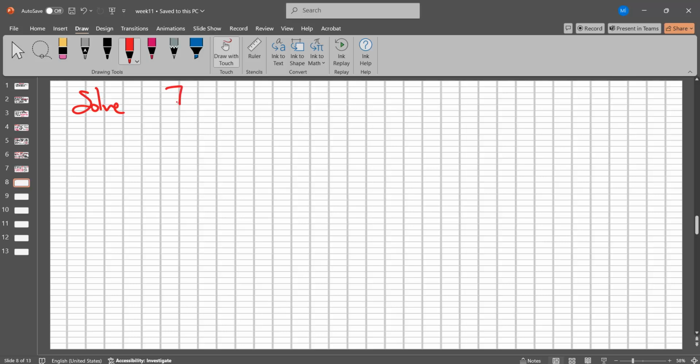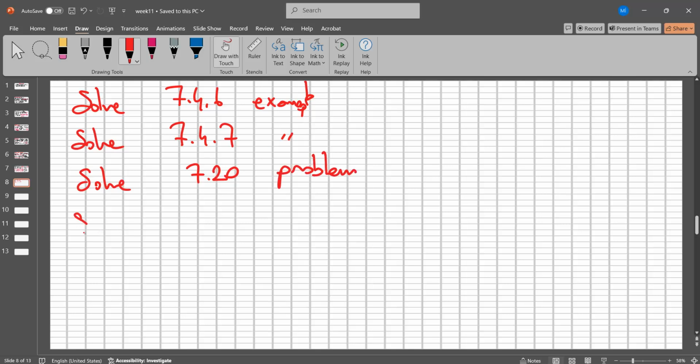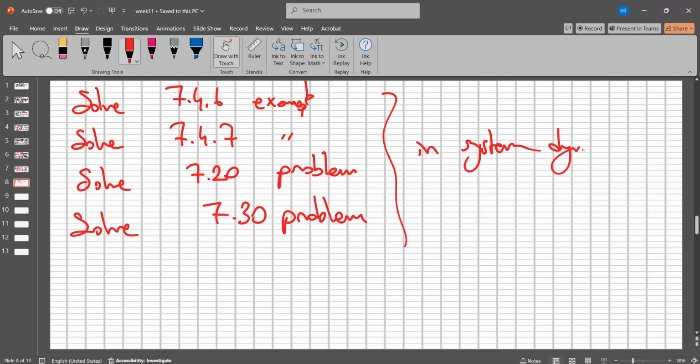Solve the 7.4.6 example, and also solve the 7.4.7 example, and also solve problem 7.20 in the problem section, and solve problem 7.30 in the system dynamics book. Okay, fine. Okay.